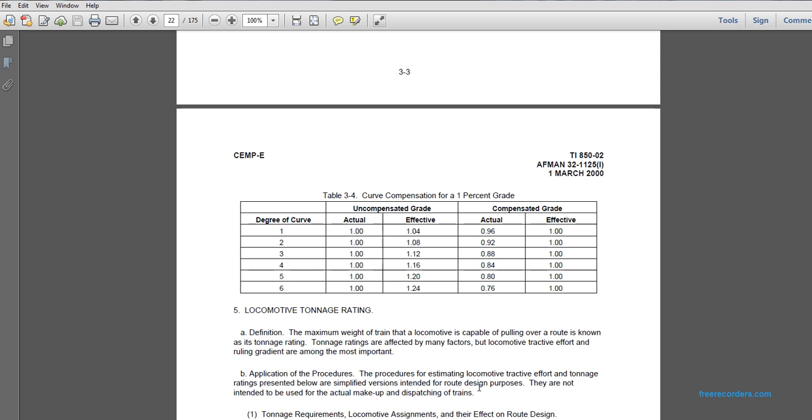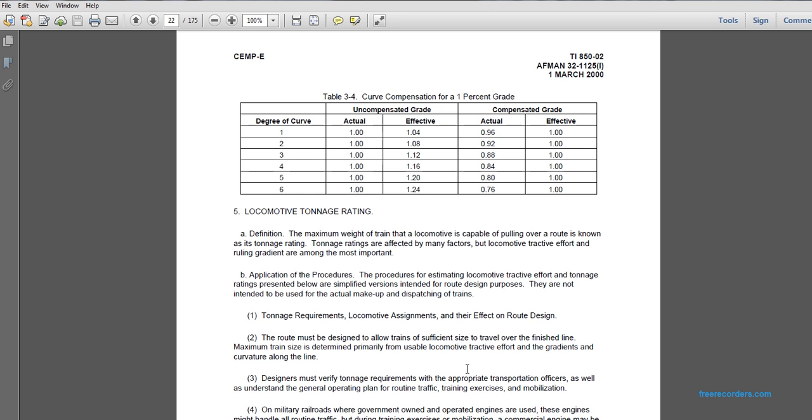Each degree gains 4/100 of a percent grade: 1.04, 1.08, 1.12, 1.16, 1.20, 1.24. Remember it that way: 0.04%, and the actual grade is the reduction, the degree of the curve times 0.04%. It is the actual compensated grade and an effective 1% grade.